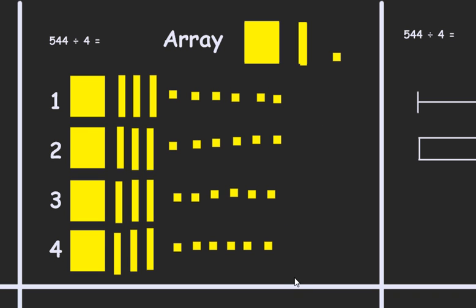Now if you notice, I have 4 rows and I have all 544 accounted for.